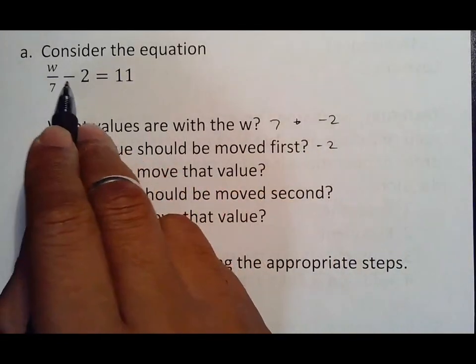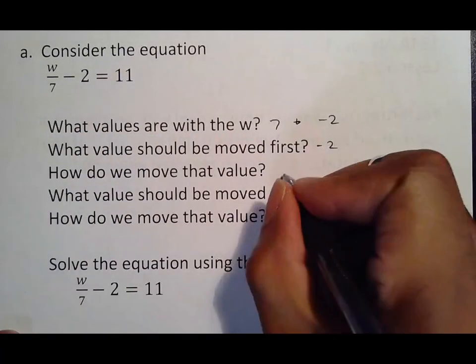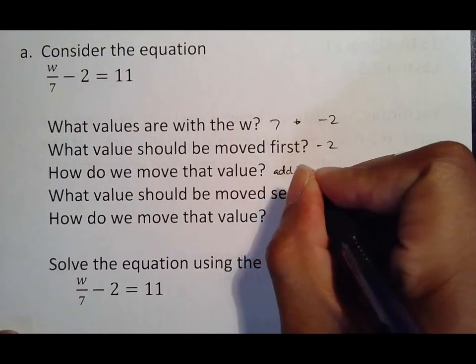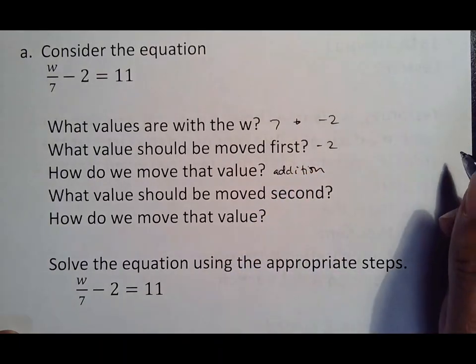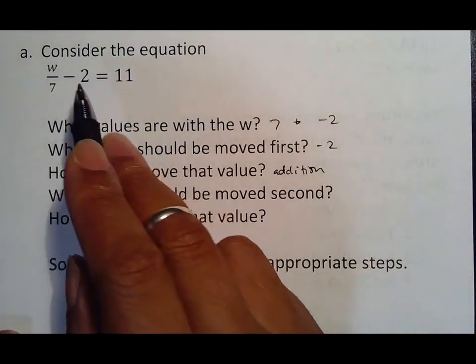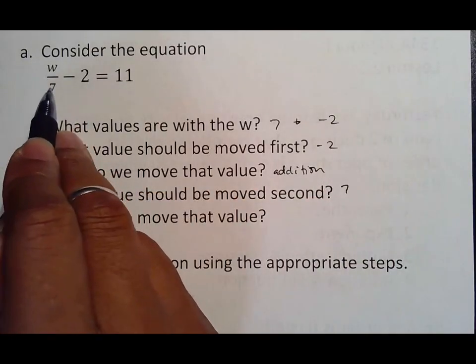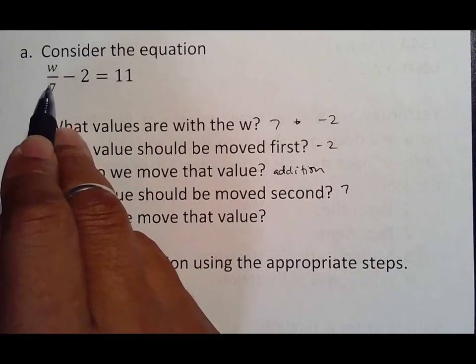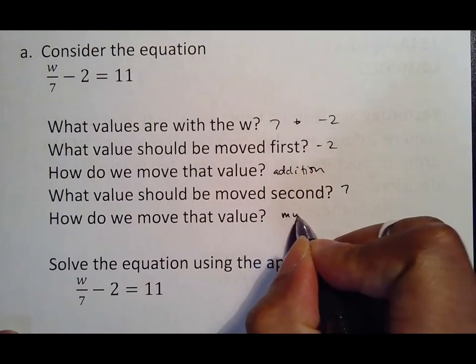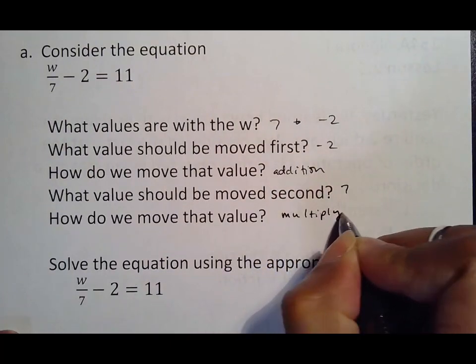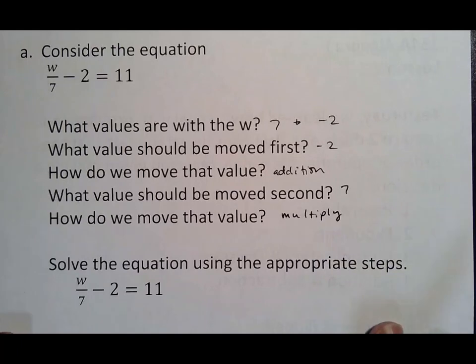How do you move the -2 if it's being subtracted? By addition. What value should be moved second is obviously the 7. But remember, this 7 is under a line, which means it's being divided. So to get rid of that 7, I need to multiply this time. Really, that's the only change in your work today.